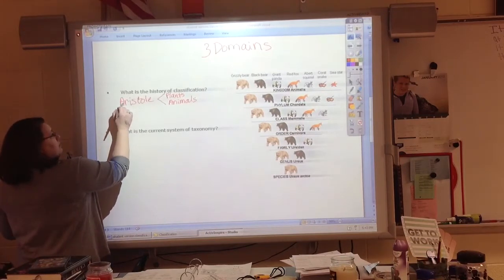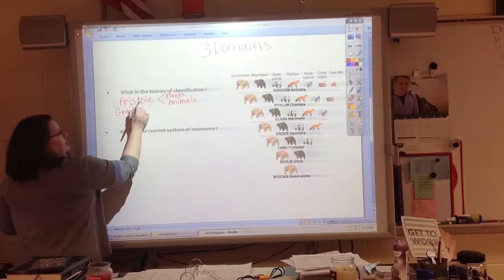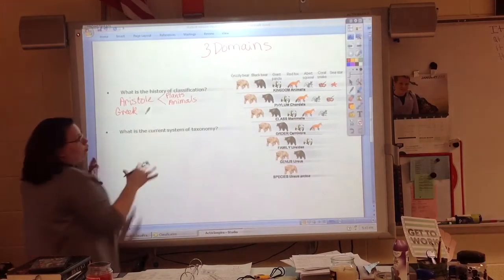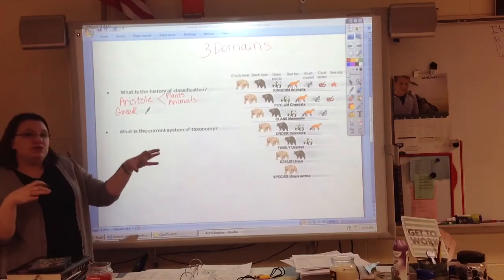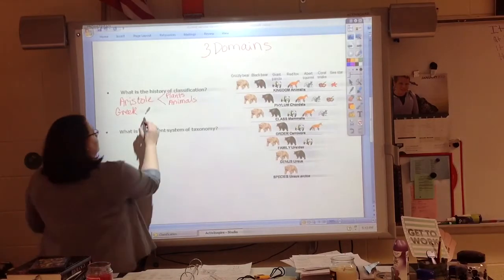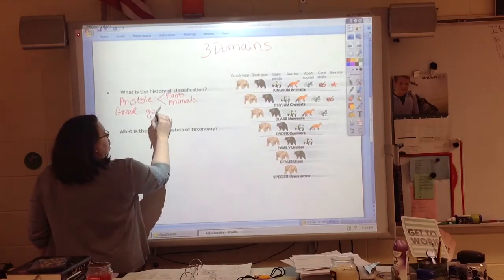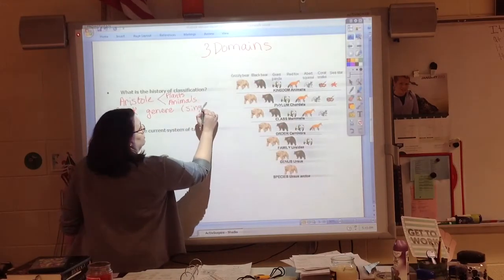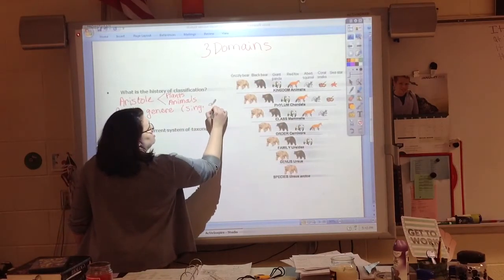Then during about the Greek and Roman times, they started to group the animals and the plants into smaller groups. And that's where we found genera. And the singular for genera is genus.